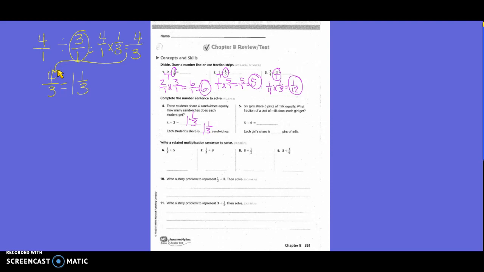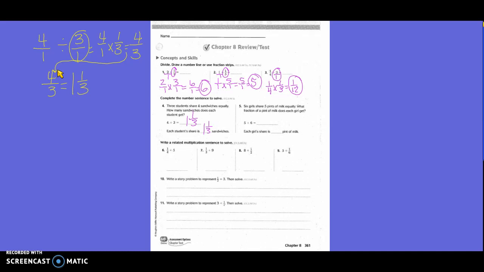6 girls share 5 pints of milk equally. What fraction of a pint of milk does each girl get? So once again, we could do 5 over 1 divided by 6 over 1, which ends up being 5 over 1 times 1/6, which we can put in fraction form, right? Since we have 2 whole numbers. Now, if we had a whole number and a fraction, could we do that?